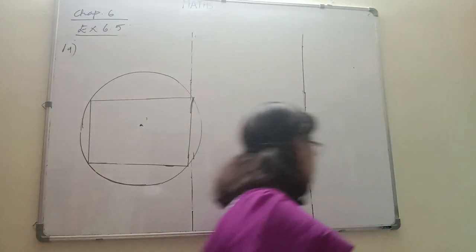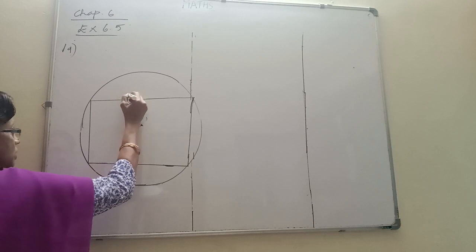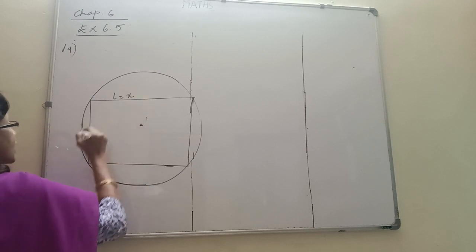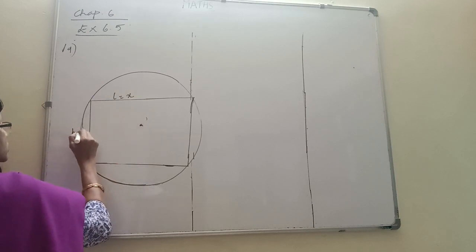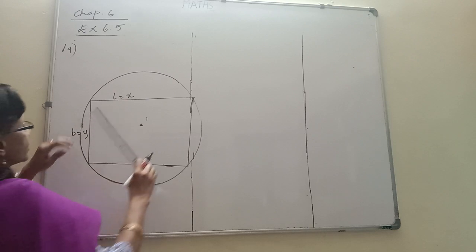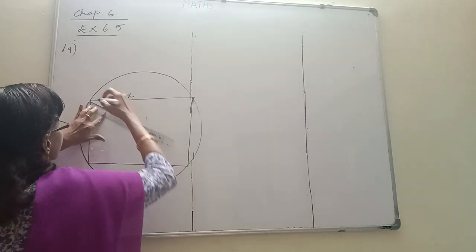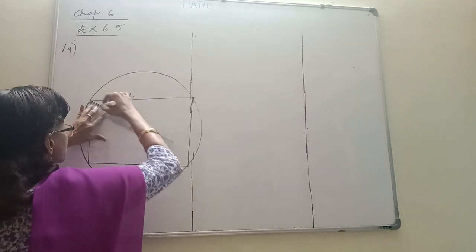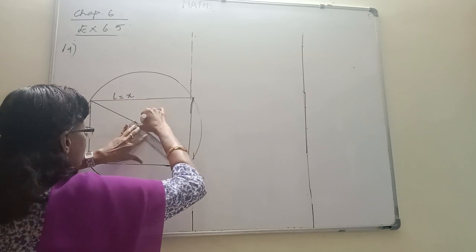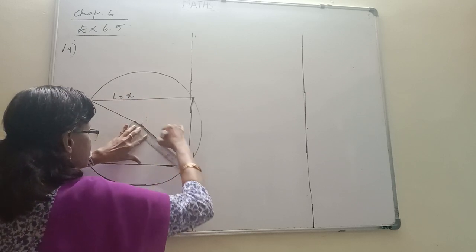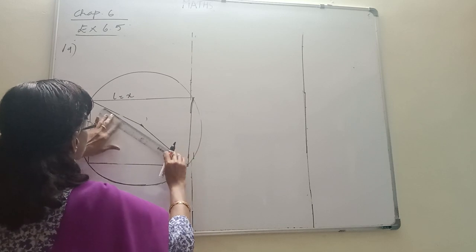Suppose you have this rectangle whose length is x and the width is y, and the radius, as we assumed, let it be capital R, something that doesn't change, not a variable one.